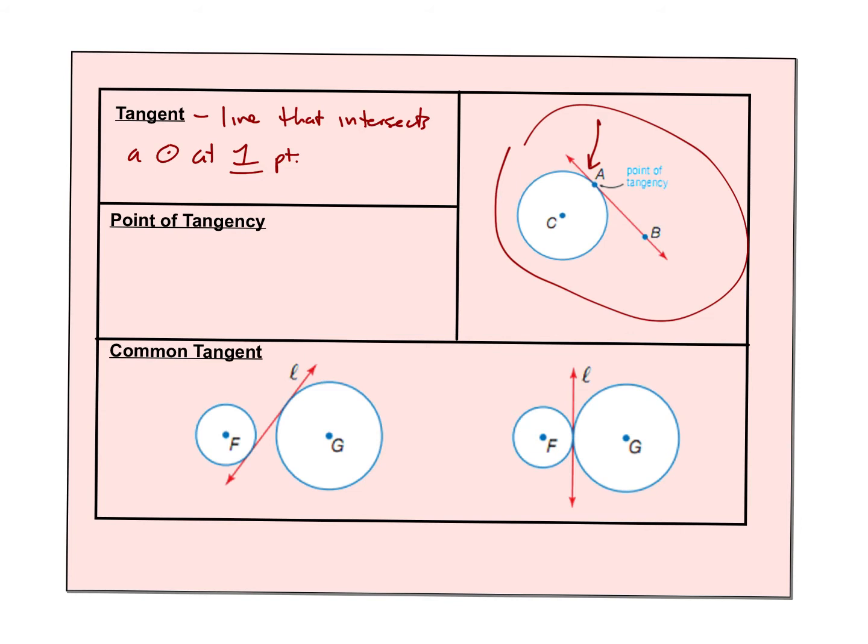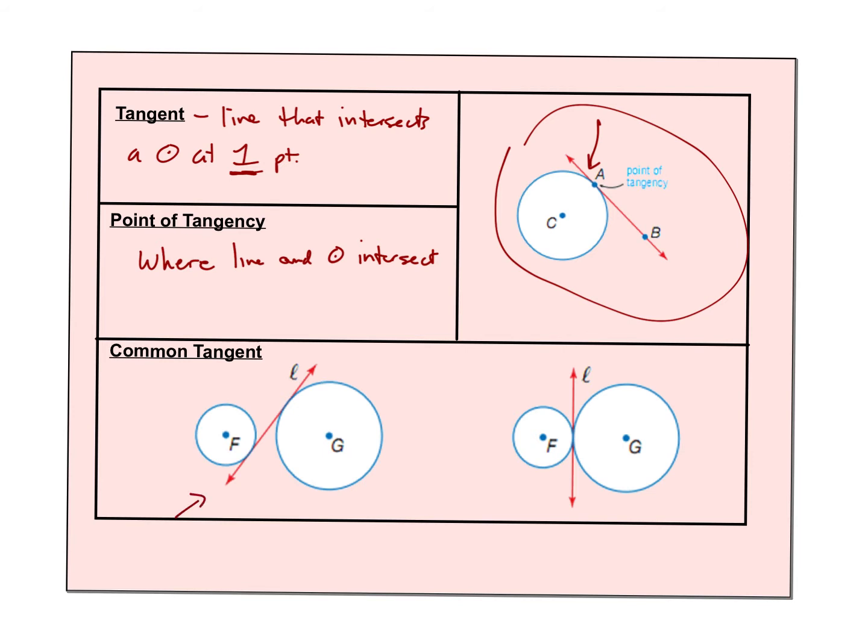It's not a diameter or radius or a secant or anything like that. This is just a tangent that intersects at one and exactly one point, and the point of tangency is just where the line and the circle intersect. That's it.